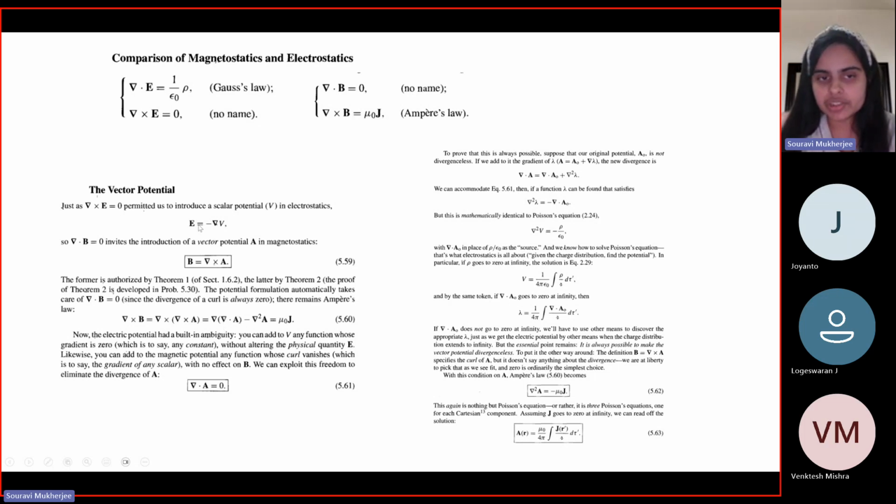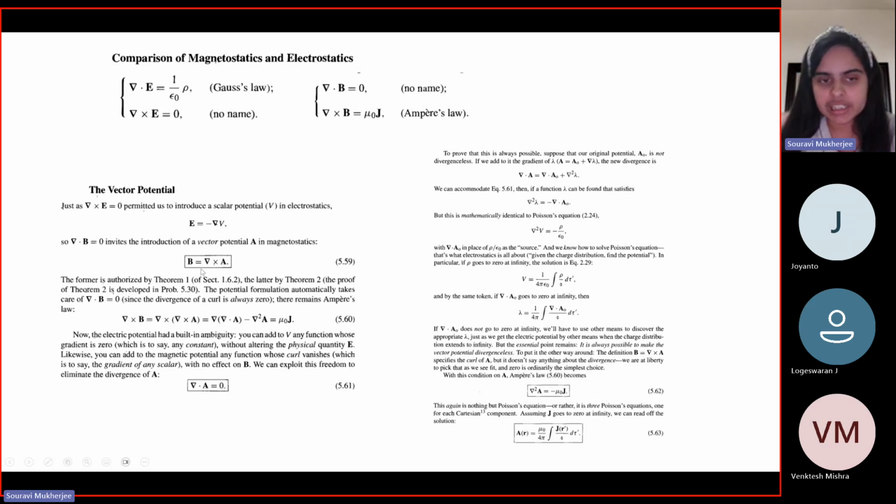So basically, if I first talk about electrostatics, we saw that because curl of E is 0, you can write the electric field as minus gradient of V, right? And here V was some scalar potential. If you add any constant term to it, it does not change the electric field. So you have the liberty of adding constant scalars to your potential, right?